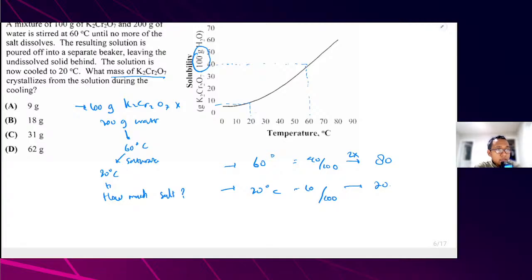Now just looking at the answer is pretty simple. What happens during the cooling from 60 to 20, so it's around 60. So the answer will be D, just by looking at the diagram.